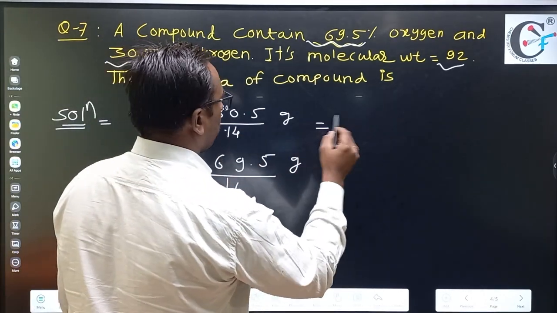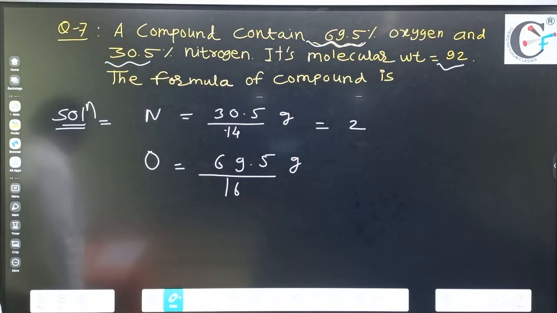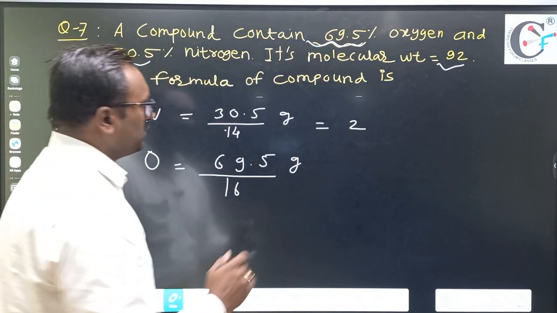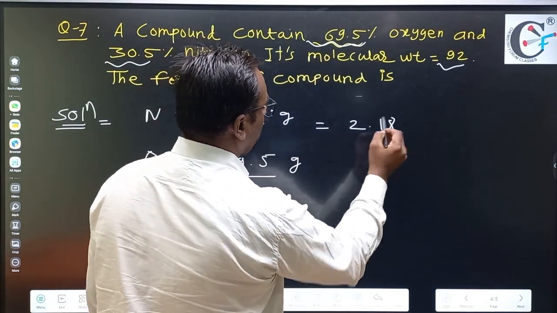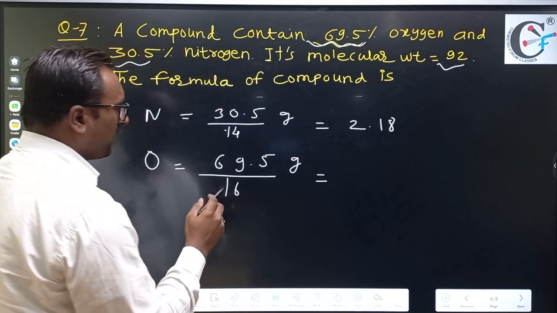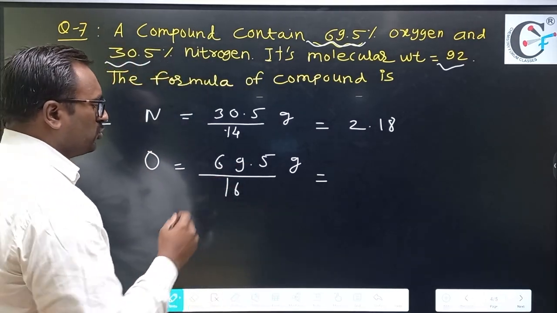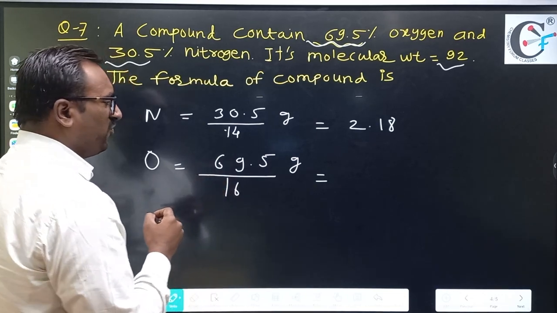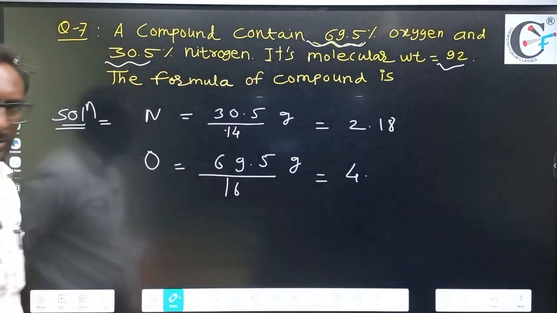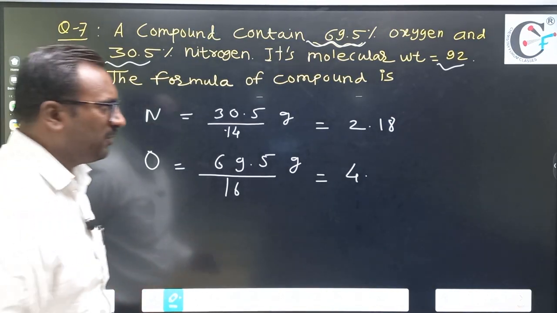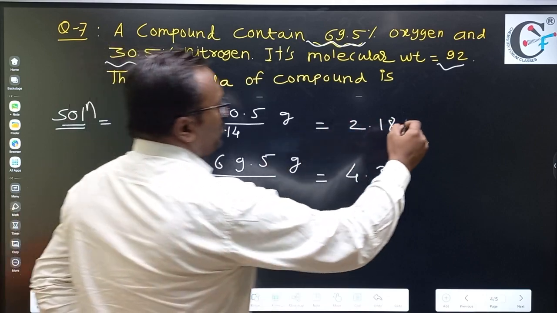So, 14 twos are 28, so we are getting 2.18 here. And 16 fours are 64, so we are getting 4.34. So, these are the moles.